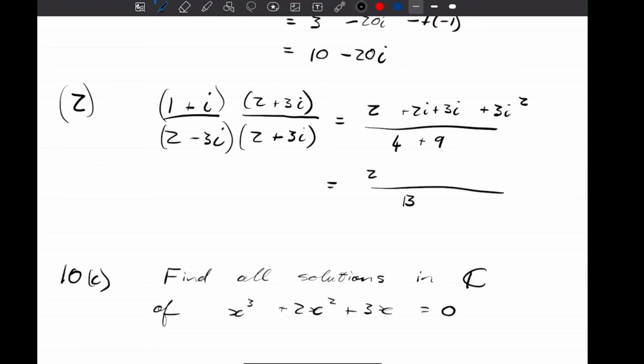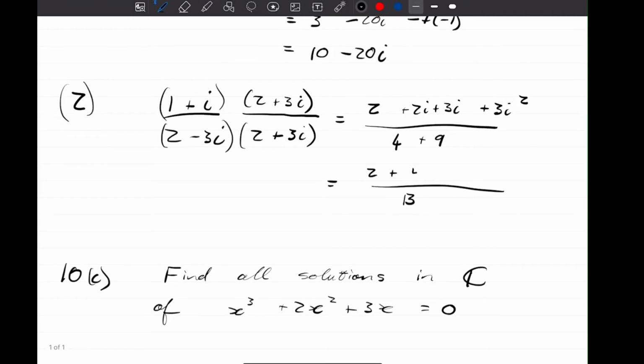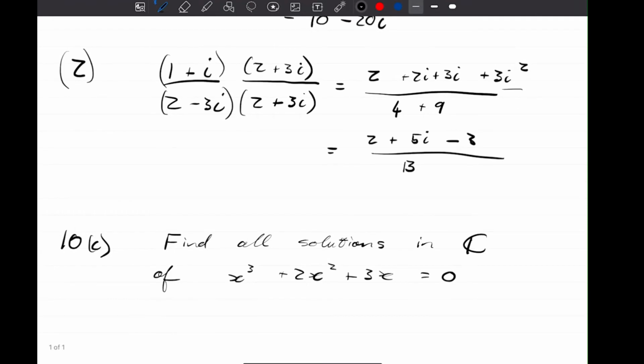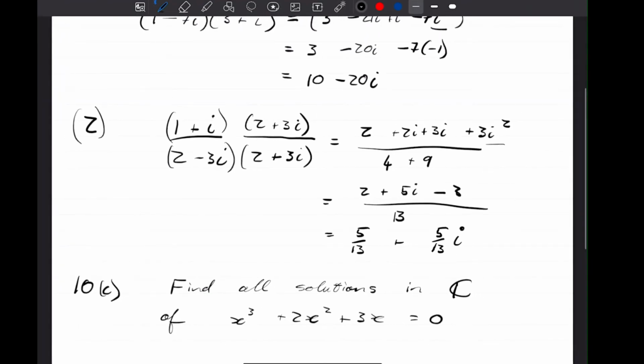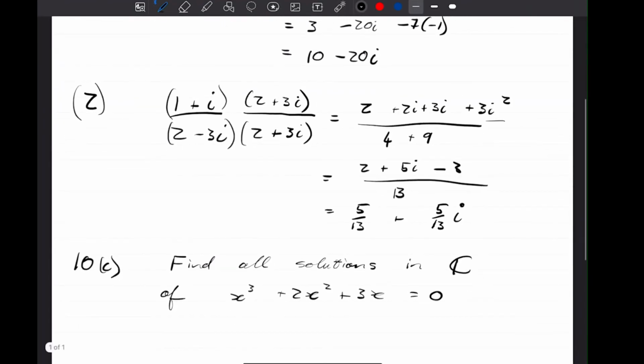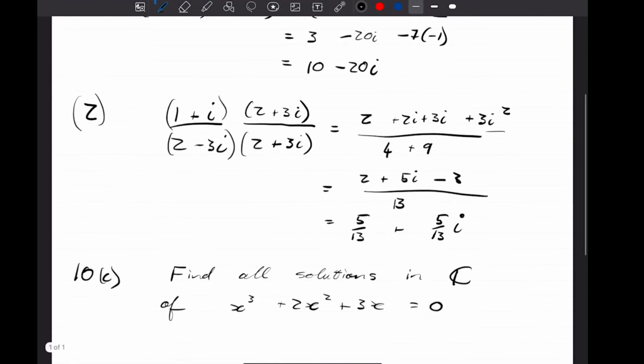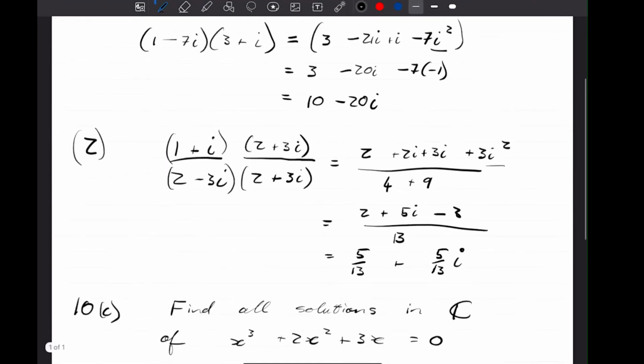That is 2 plus 5i, and that becomes minus 3i squared is minus 1. So this becomes 5 over 13 plus another 5 over 13 i. And there we have this division of complex numbers in standard form.